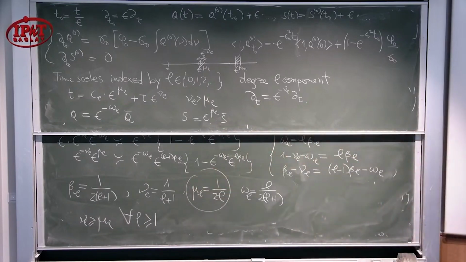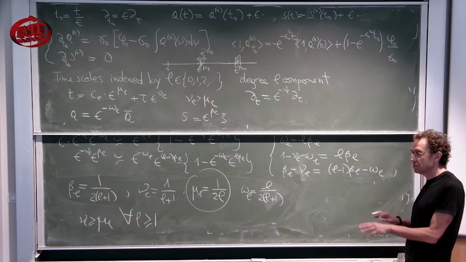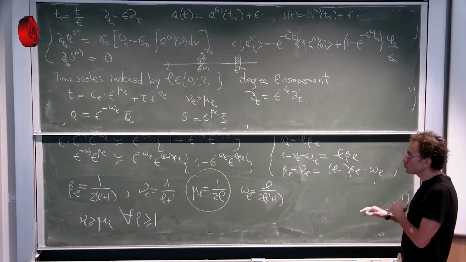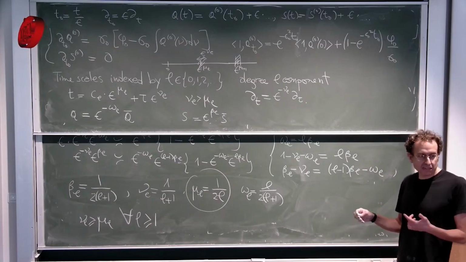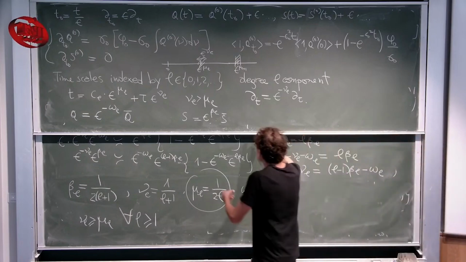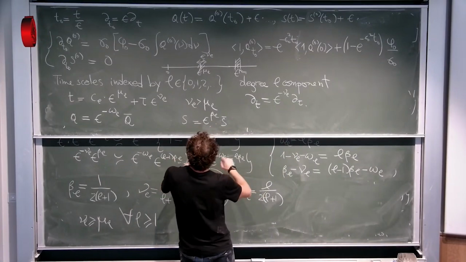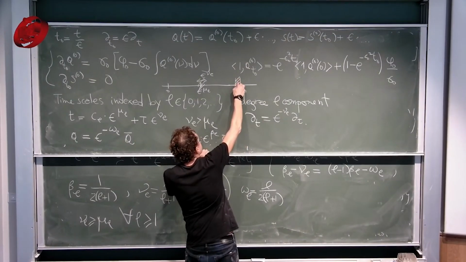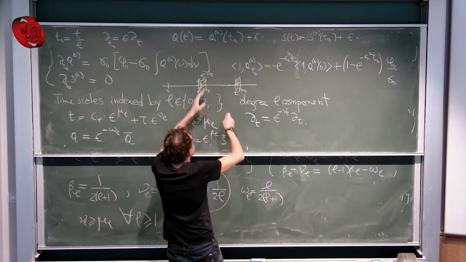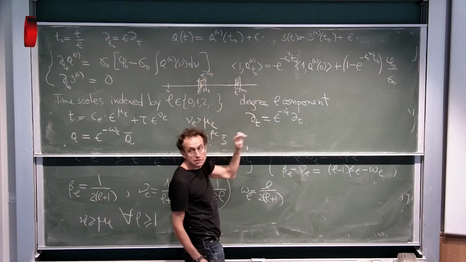Yeah, so that comes from the matching with the previous time scale. You have to solve the equations within this time scale. You solve it within the previous time scale, and then you match the asymptotics of this to the asymptotics of that.